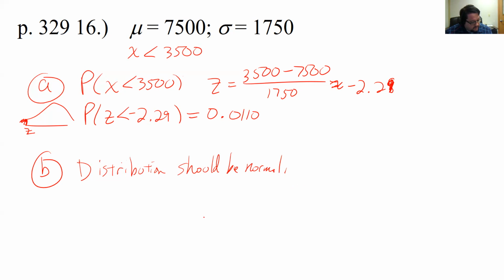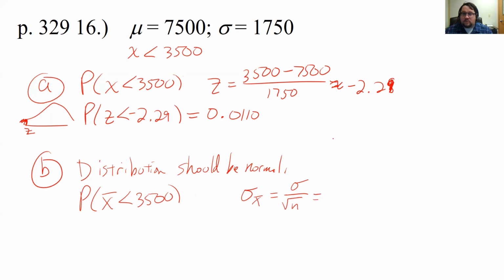So with that in mind, what is the probability that this average would be less than 3,500? Again, we're all in averages now, so we need to do a couple of things. First, what is sigma of the sample means? That is sigma over the square root of n.